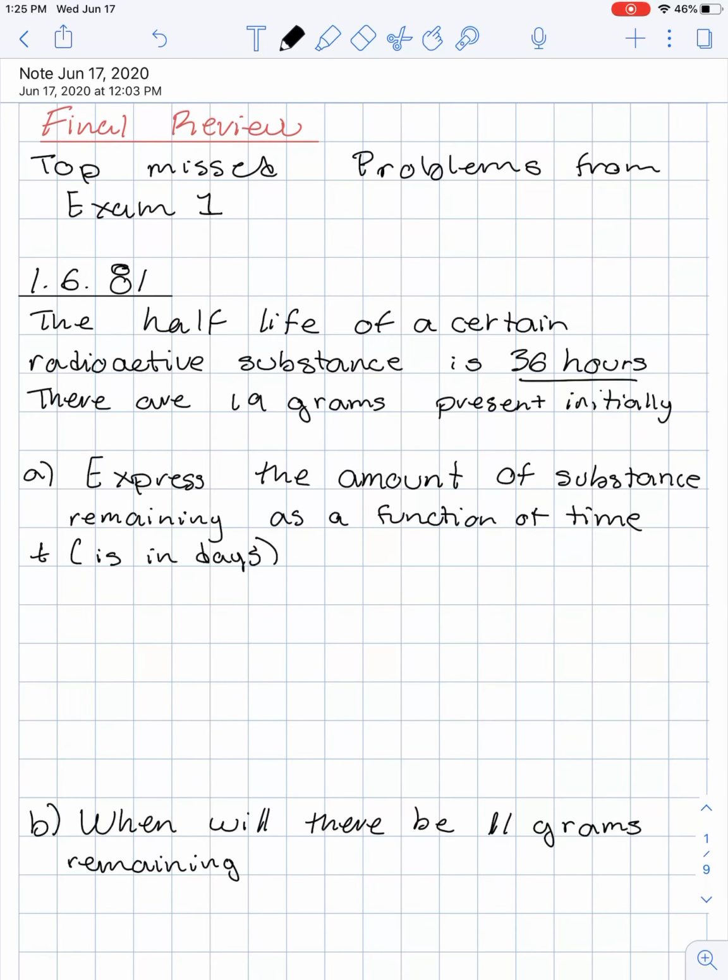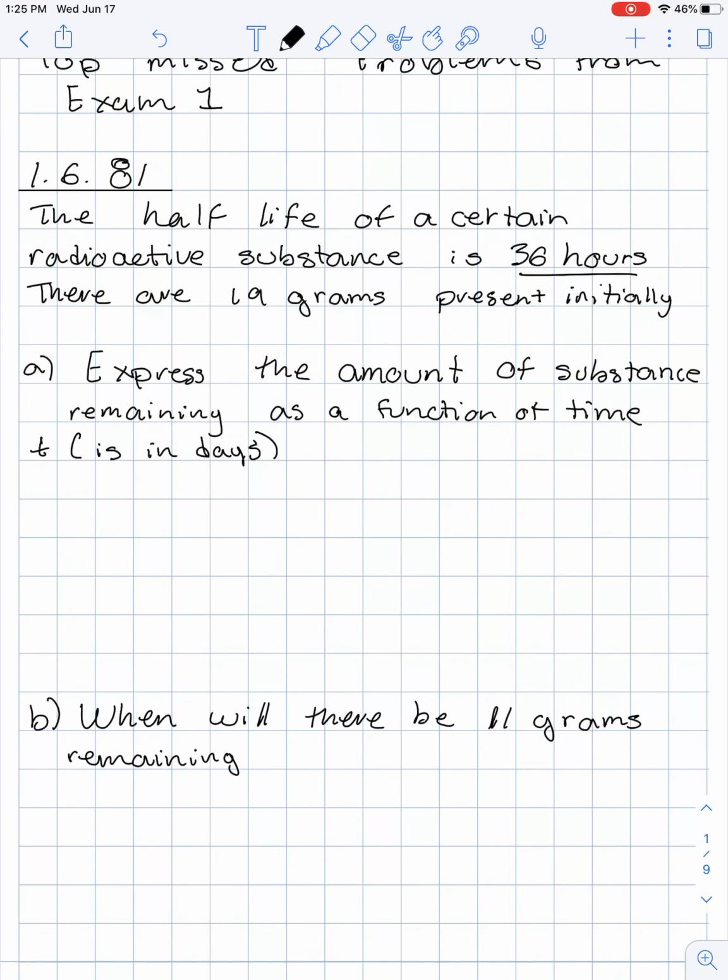All right, so half-life with radioactive substances, the equation for that, I like to use in the form y equals y naught e to the kt.